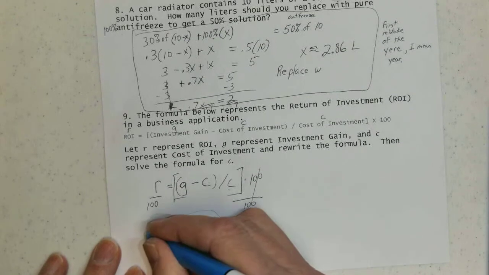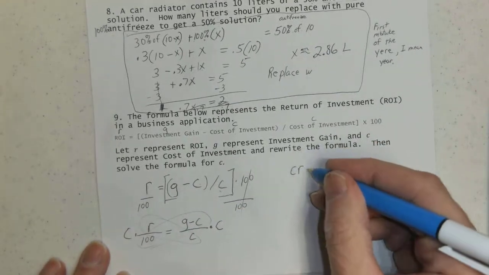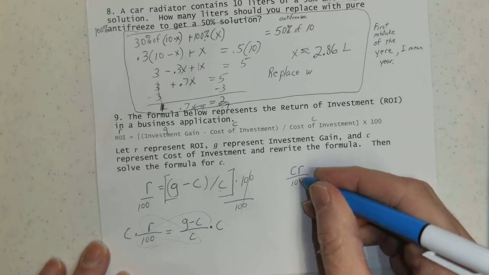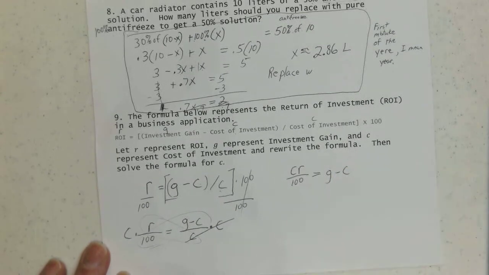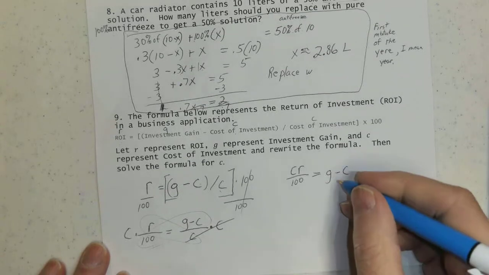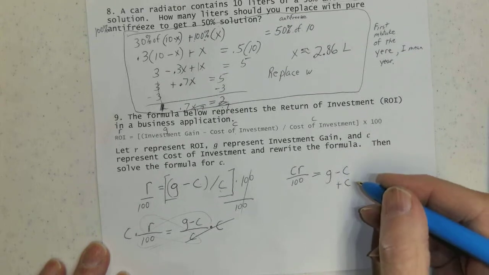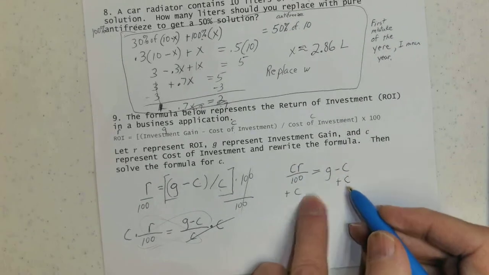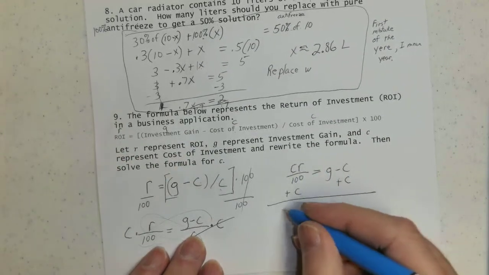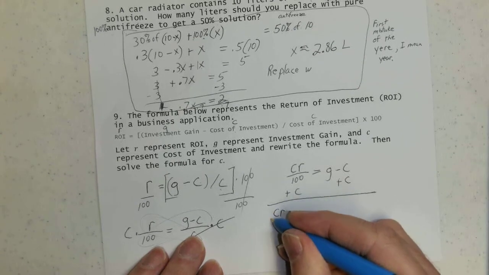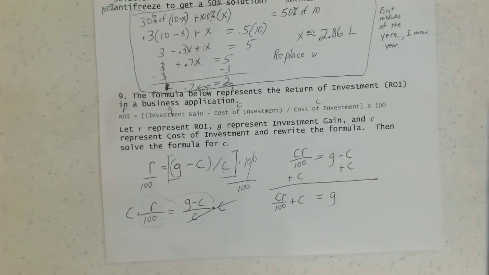I'm going to multiply both sides by C, and I've got CR over 100 equals G minus C. I'm going to get the C's on one side here. The reason I'm adding C, we are supposed to be solving for C, but when I've got it on both sides, it makes it kind of hard. So I'm going to go CR over 100 plus C equals G. Okay, now we got the C's on one side.